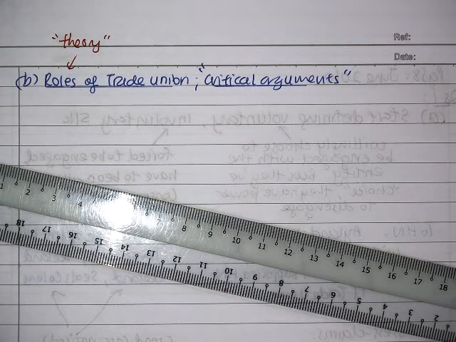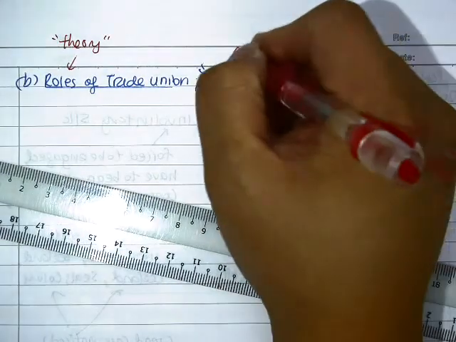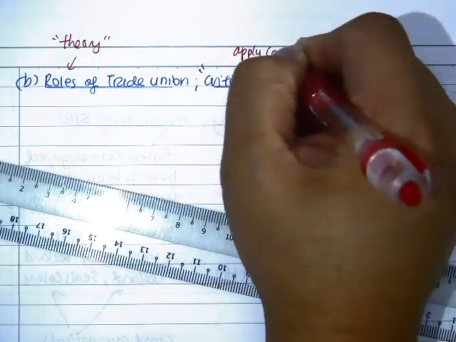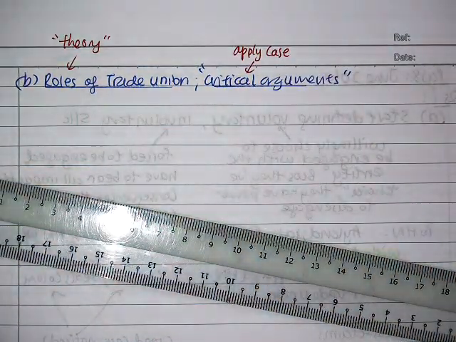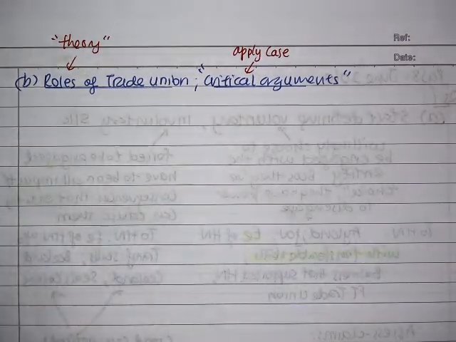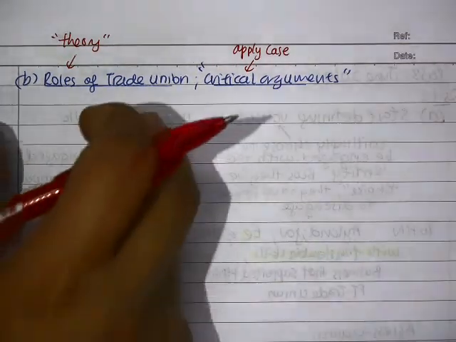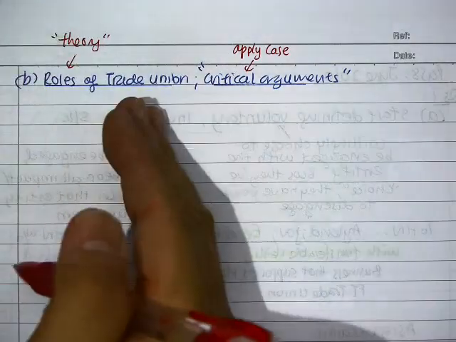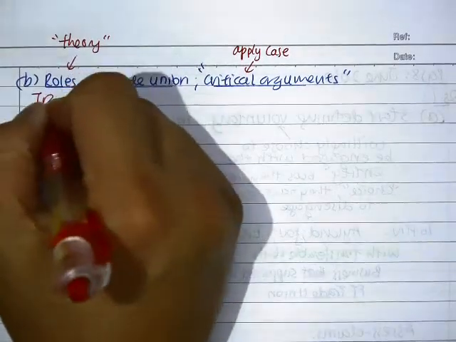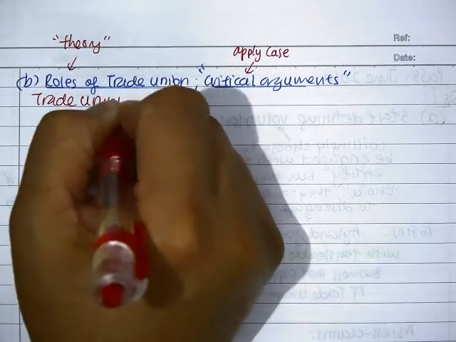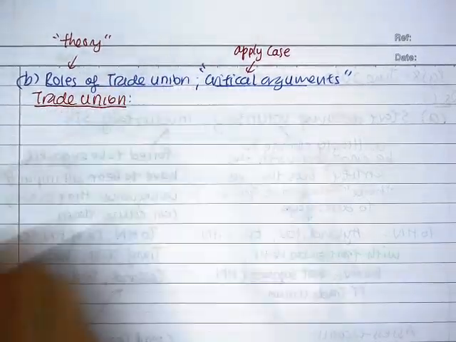Now, this part is definitely theory. You don't have to apply to the case. Okay? You don't have to apply to the case. Now, this one you must apply to the case. Okay? You must apply to the case.